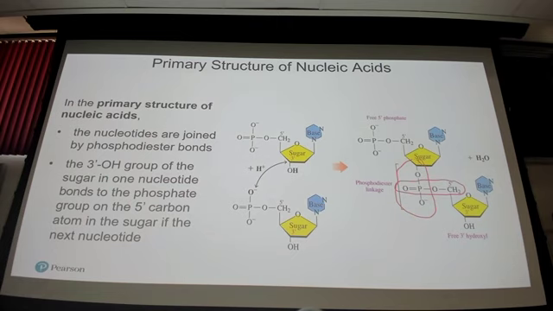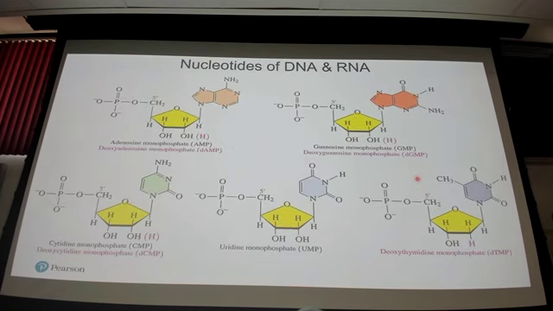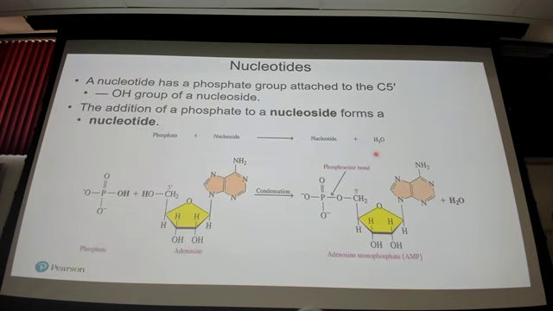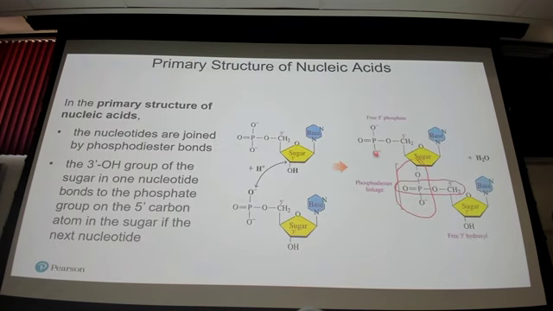So the phosphodiester bond that goes up and down, that one's attached to what carbon? The 3rd carbon. Okay, that makes sense. I'm trying to see if there's a better picture. It's attached to this carbon here. And then, of course, the other one is attached to the 5th carbon.